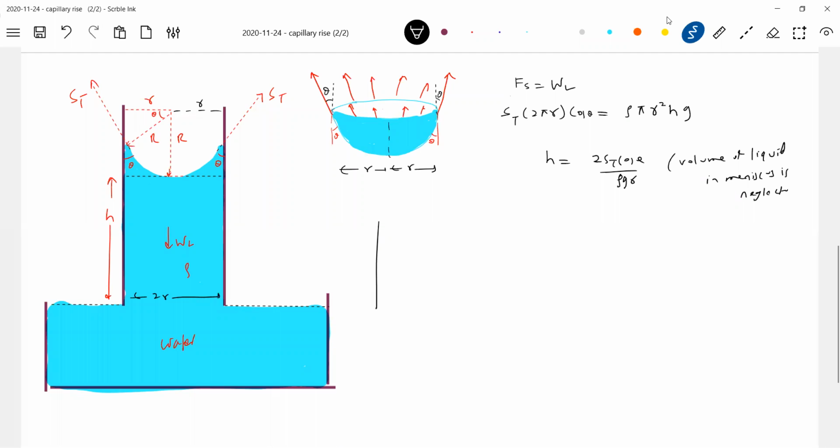So basically, how will it be? It will be like this, no? This is negligible, we are saying.